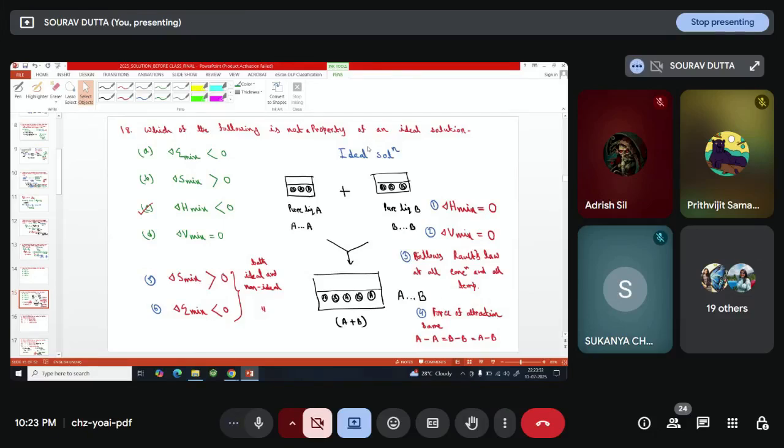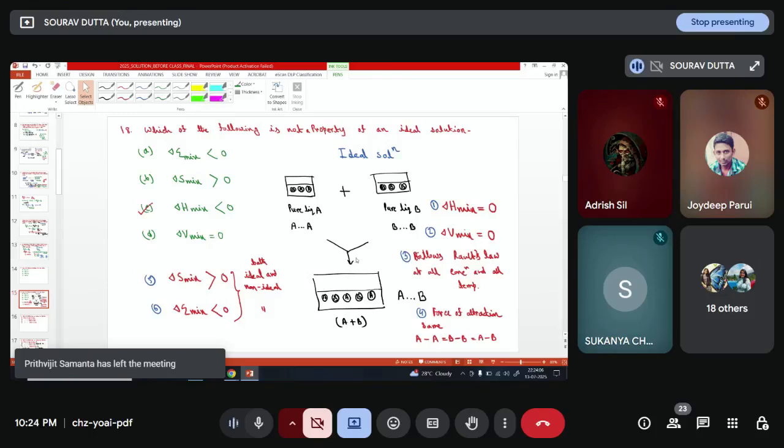Not only that, if the interaction is similar, there will be no volume change after mixing. That means if your solution is an ideal solution and you mix 2 liter and 5 liter, your final solution will be 2 plus 5, 7 liter. So before mixing the total volume is 7, and after mixing it is 7.